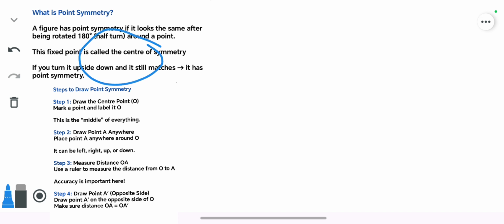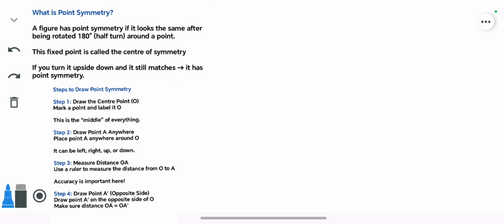So here is the most simple definition: a figure has point symmetry if it looks the same after being rotated 180 degrees around a point. This fixed point is called the center of symmetry, and if you turn it upside down and it still matches, it has point symmetry.